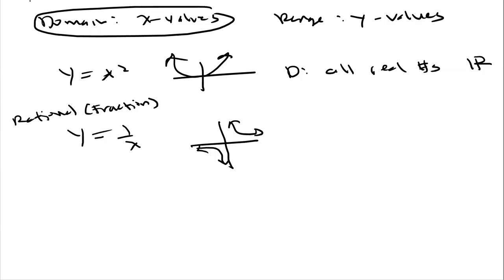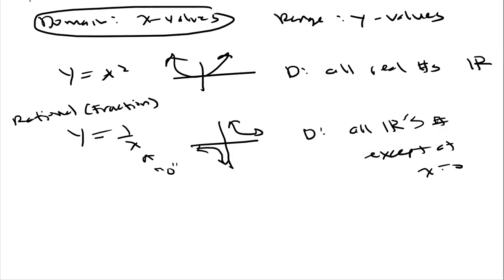Notice that every single one works, there's a value for every single one, except where? 0. 0 doesn't work because we can't divide by 0. So in this case, the domain is all real numbers except at x equals 0. Remember that. At x equals 0, we can't do it.